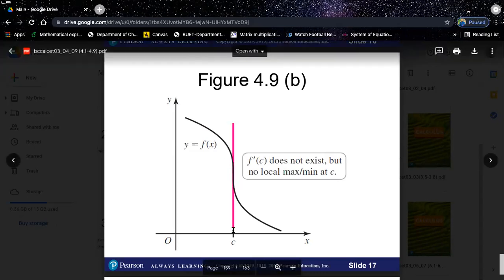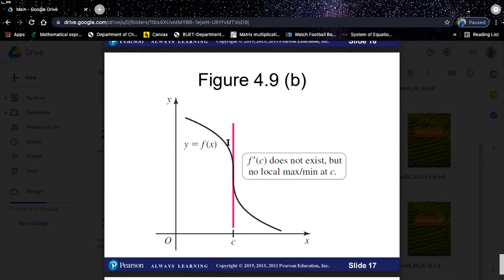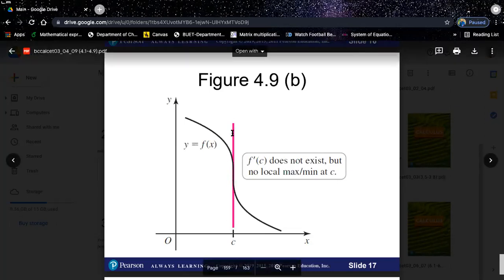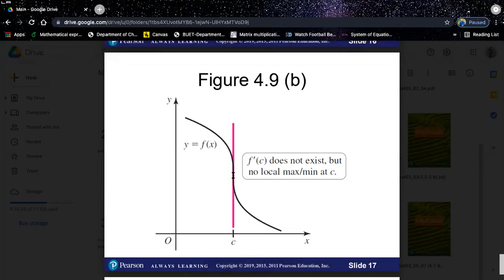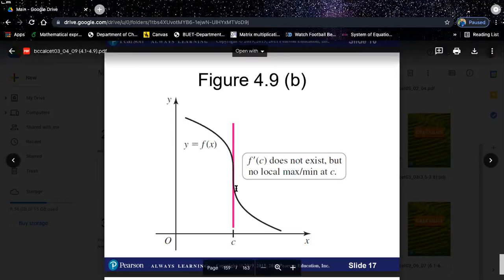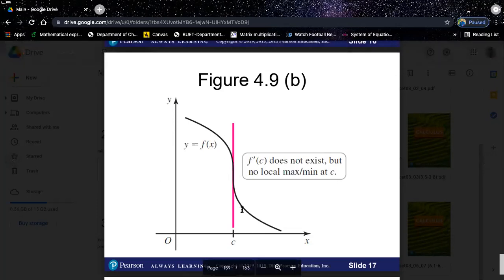So if that's the case, we know the tangent of 90 degrees is undetermined. We can't really determine the value. So that's what we get from this, right? It's vertical, or parallel to the y-axis, meaning it's creating a 90-degree angle with the x-axis.